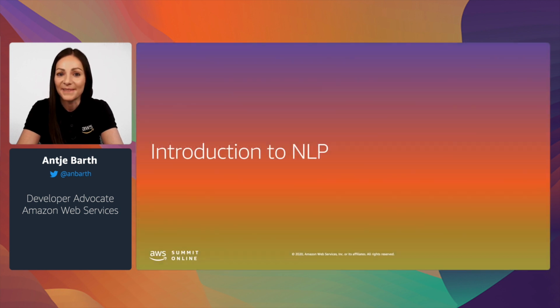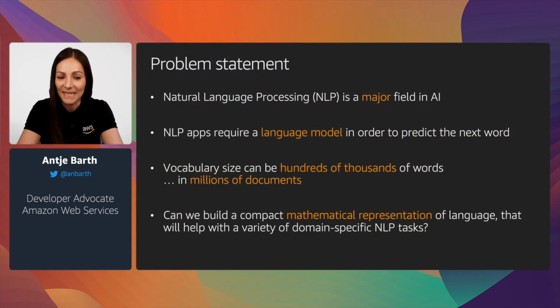So let's get started. Let's have a look at natural language processing. NLP is a major field in artificial intelligence, and it has been studied for a long time already. In NLP, the applications require a so-called language model in order to predict the next words.